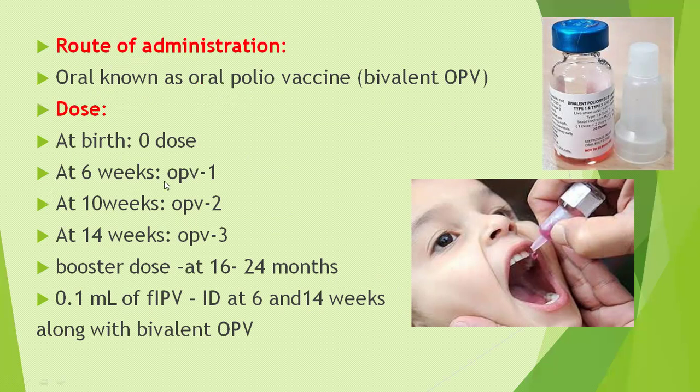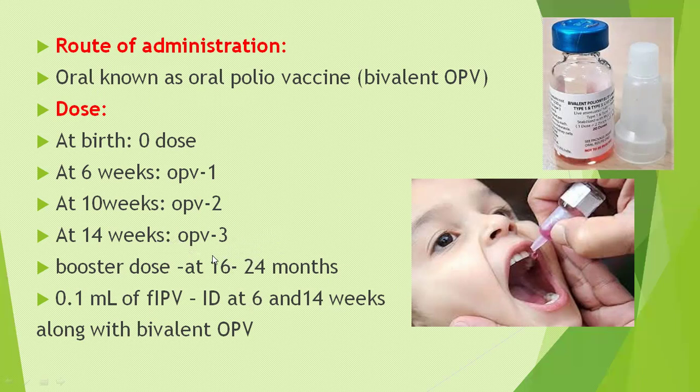At 6 weeks, OPV first dose is given, at 10 weeks one more dose, and at 14 weeks the third dose. The booster dose is given at 16 to 24 months. So in total, 5 doses.